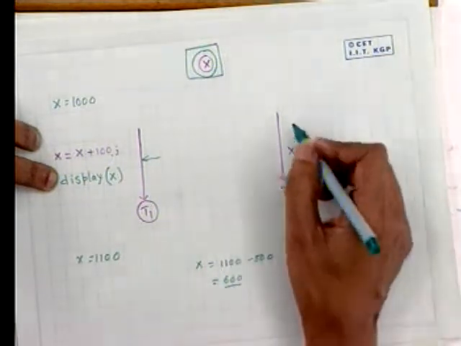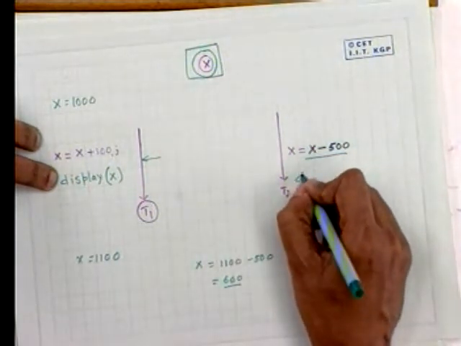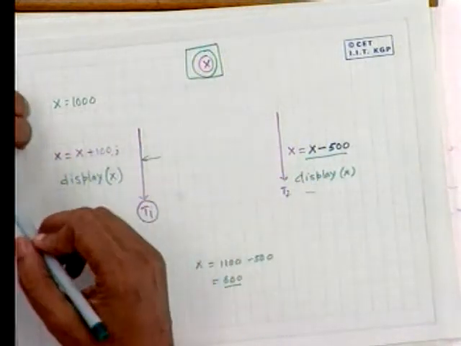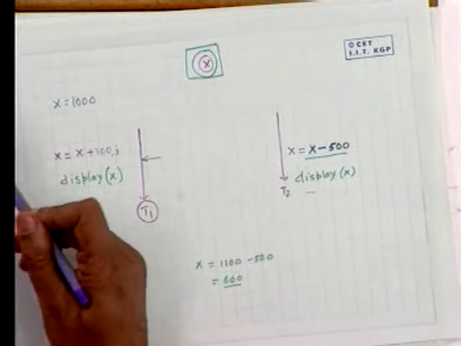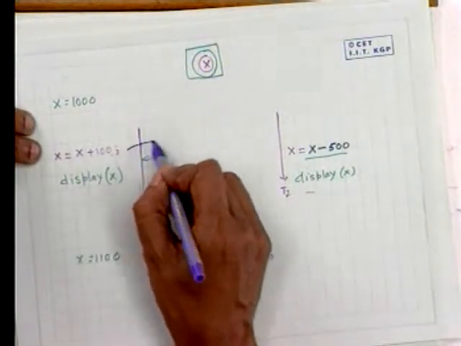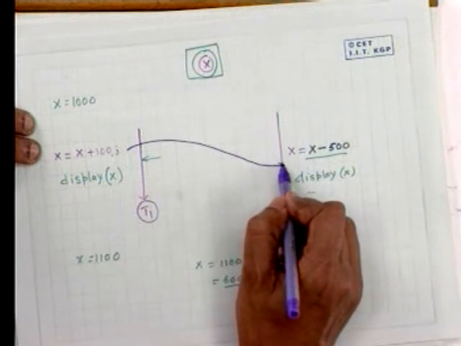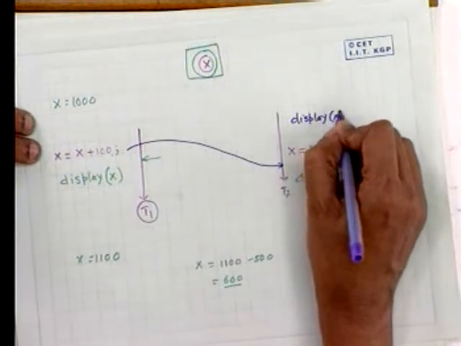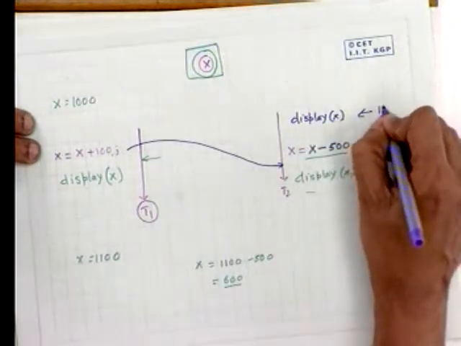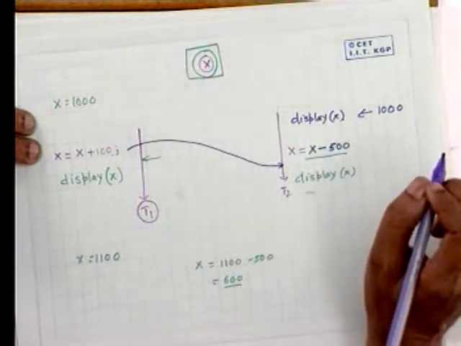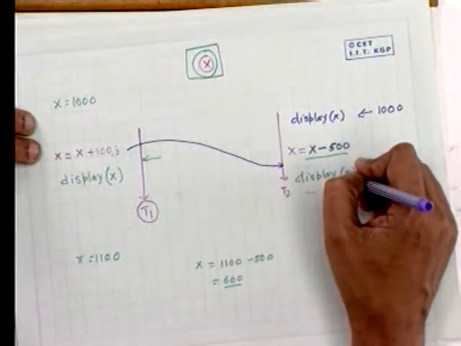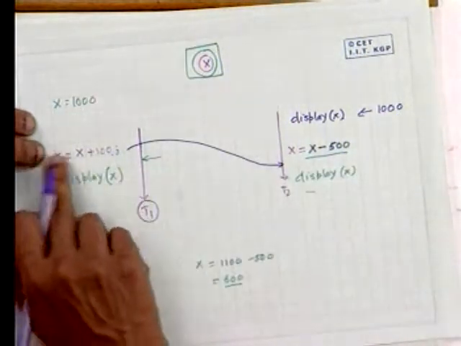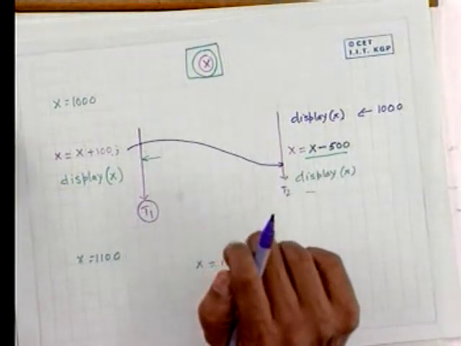On the other hand, if this one, while executing x minus 500, has a display of x, and after it has deducted 500 rupees the other is executed in between, suppose initially it saw the value of x equal to 1000 and knew that it had removed 500 rupees. Now when it displays, it finds that instead of 500 rupees left, it finds 600 rupees left, because in between the other one has been executed.